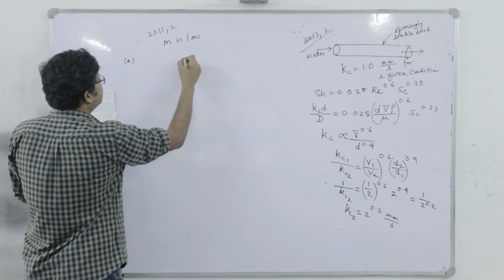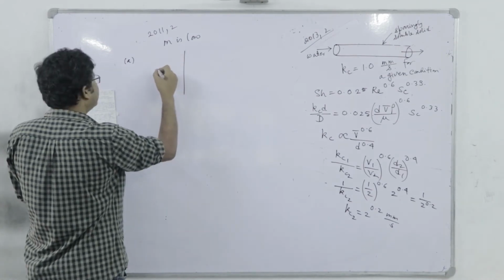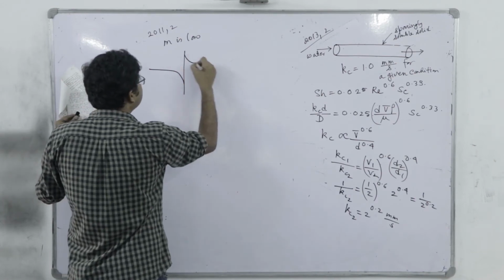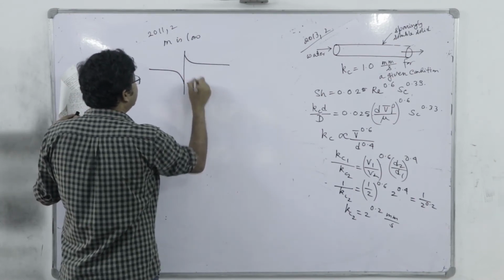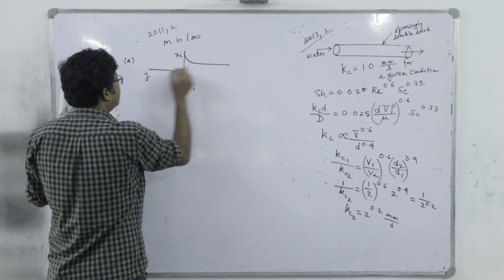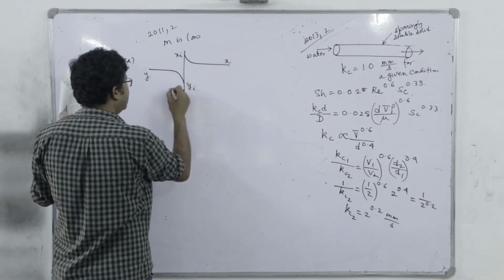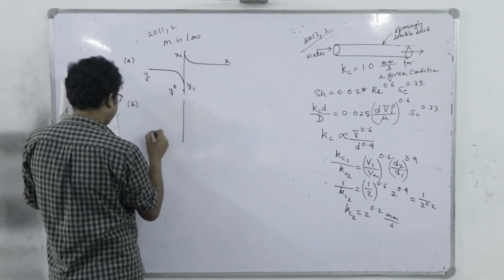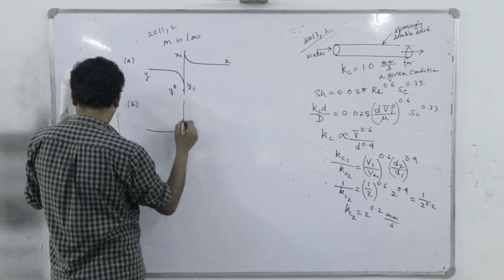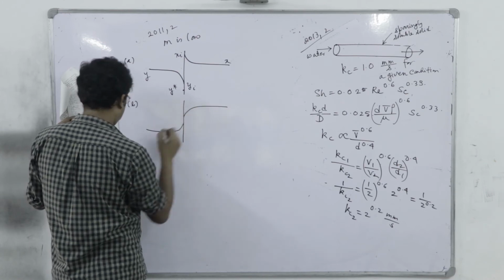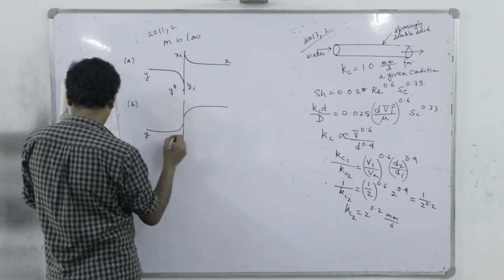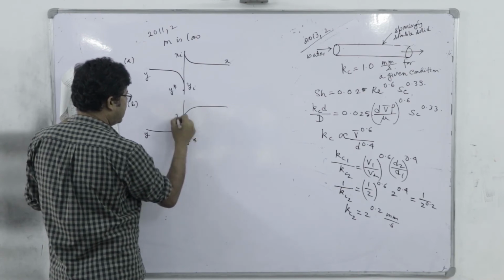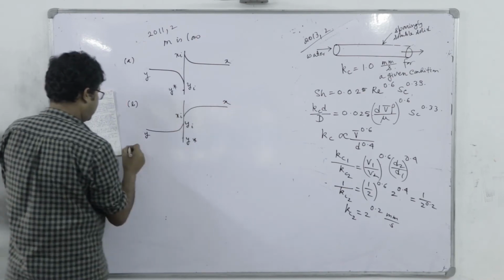Let me draw this, whatever is given. yi, xi, y, x, and here y star. That's option A. Option B, y, yi, y star, xi, x.